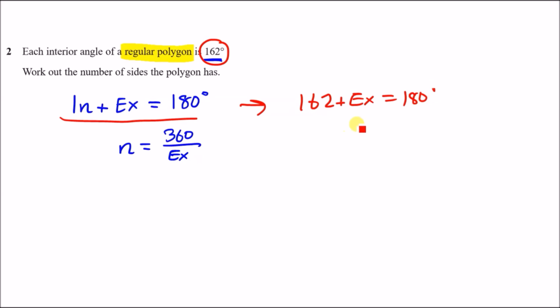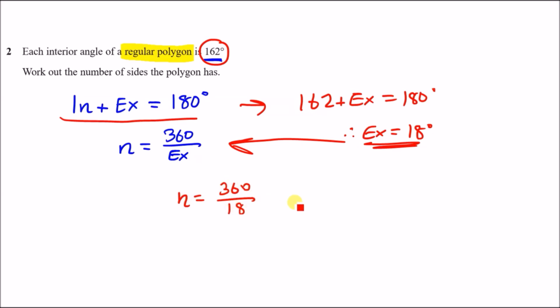So therefore, making the exterior angle the subject, it must be 18 degrees. Now plugging it into the formula where n equals 360 over the exterior angle, the number of sides equals 360 divided by 18, and this should give us 20 sides. So in fact, this shape is a 20-sided regular polygon.